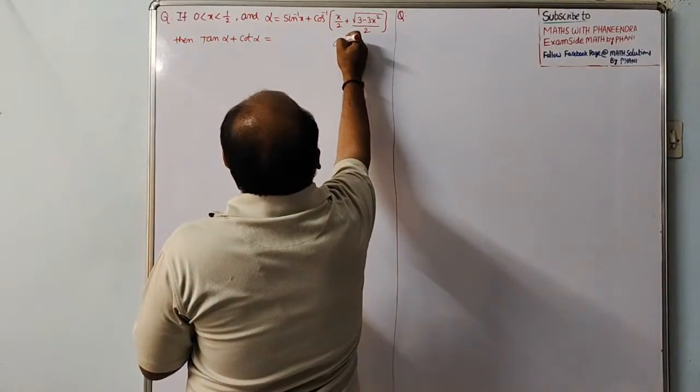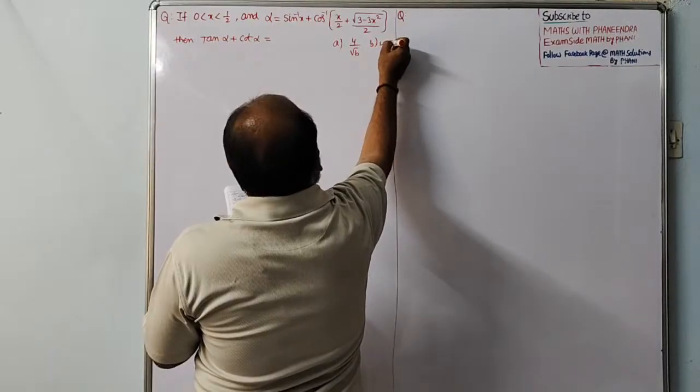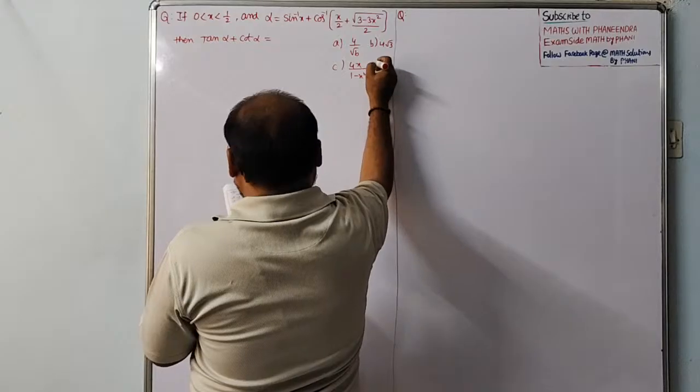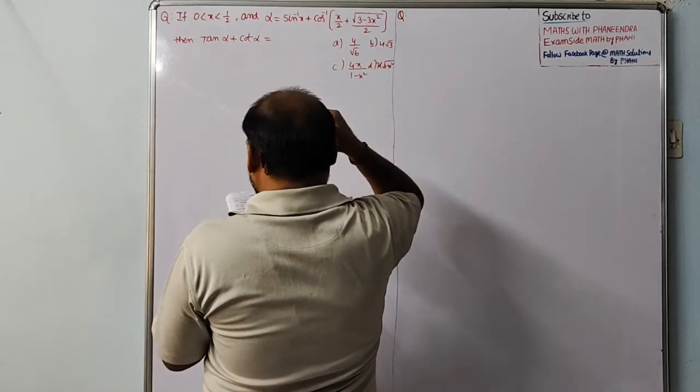Options: 4 by root 3, 4 root 3, 4x by 1 minus x square, x into root 1 minus x square.